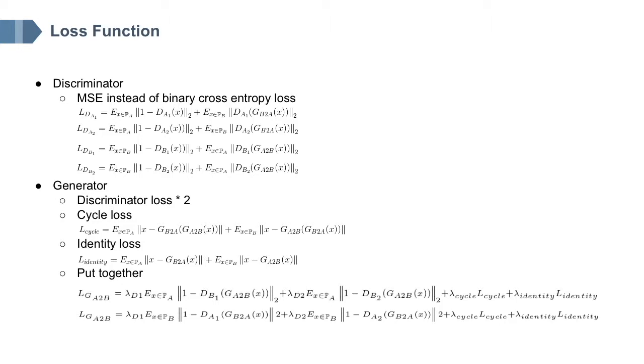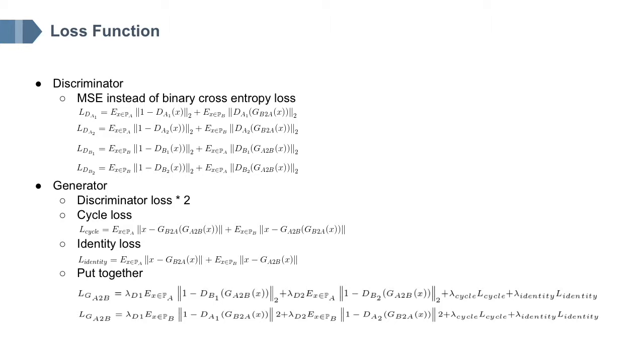An image from set A is supposed to stay the same after it is transformed using generator A to B and followed by generator B to A. Same for the image from set B. Later, we will compare the L1 distance between the original image and the so-called reconstructed image.